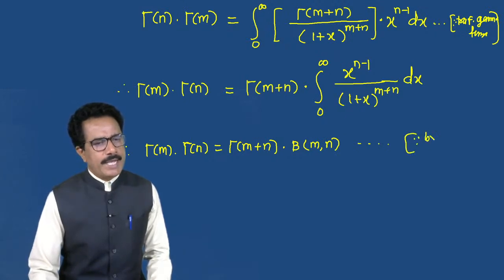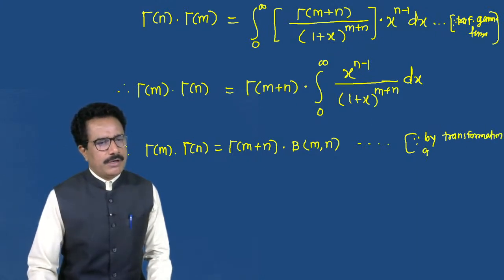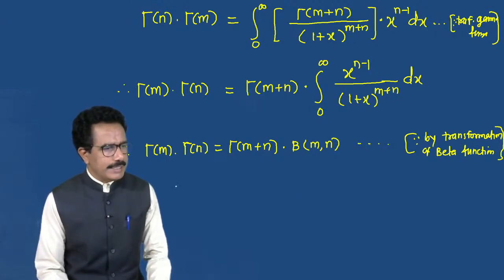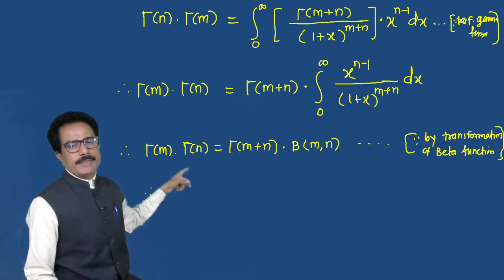since by transformation of beta function, this is actually the transformation of beta function. So we can write this. Now you can take in the division.